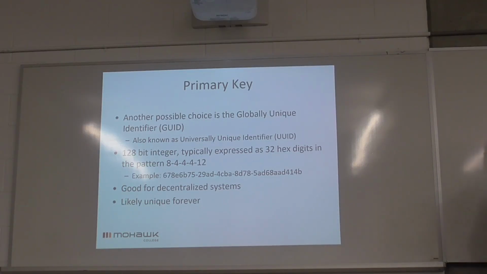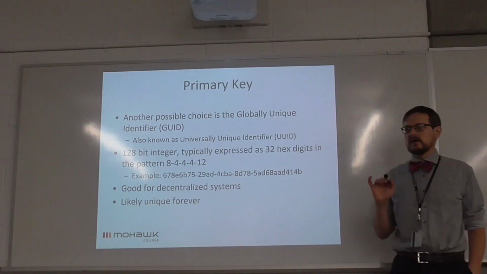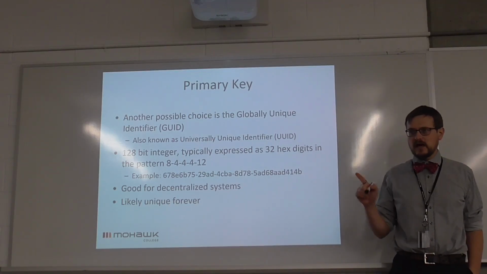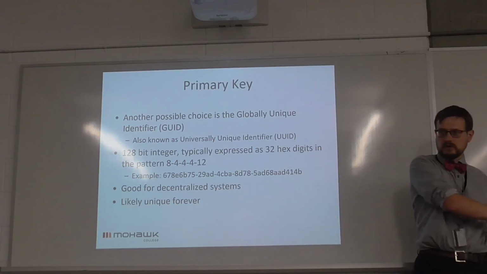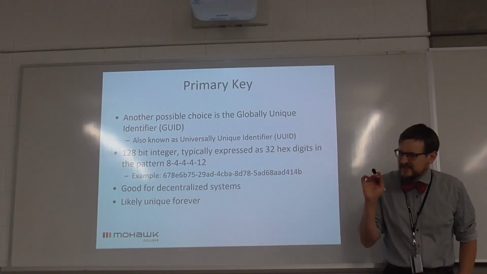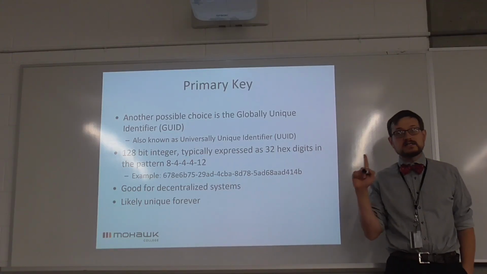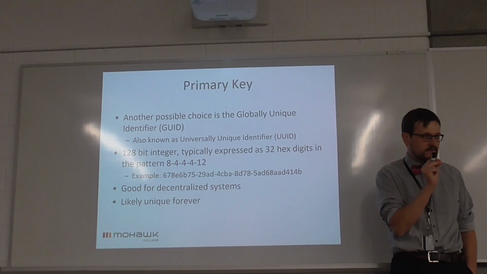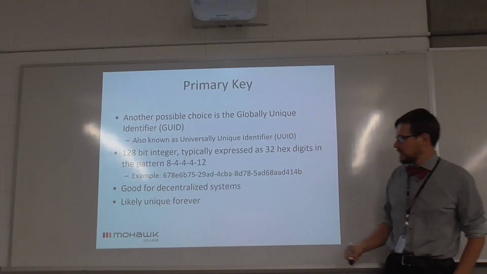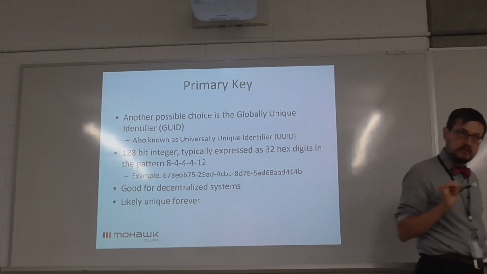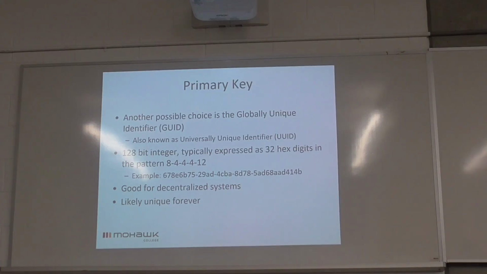The probability of randomly generating a number which has been used before is very, very small. Not 0, but so small that we approximate it as 0, although it's not actually 0.